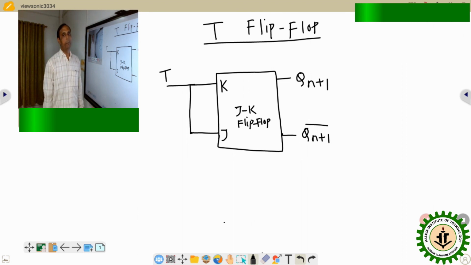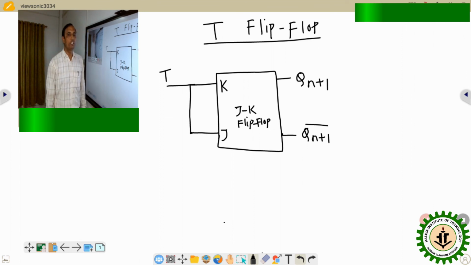The input is called toggle. So the toggle flip-flop basically provides us the toggling characteristics with the help of J equals 1 and K equals 1. But when T equals 0, what will happen?